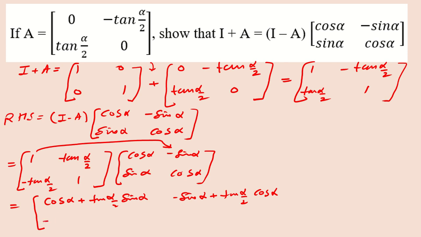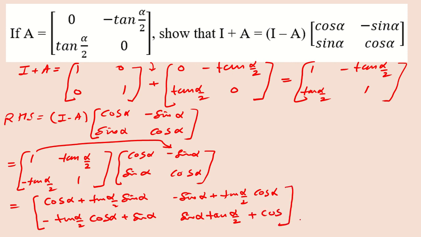Second row will be minus tan alpha by 2 into cos alpha plus sine alpha, and then the last one, minus times minus will be plus sine alpha into tan alpha by 2, plus cos alpha.